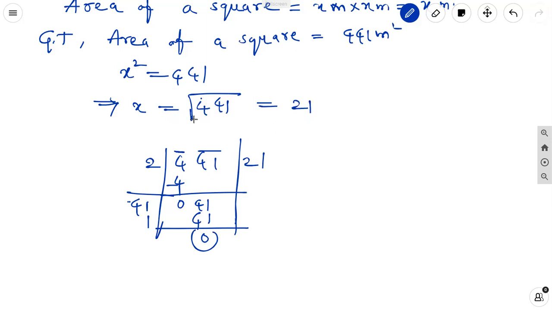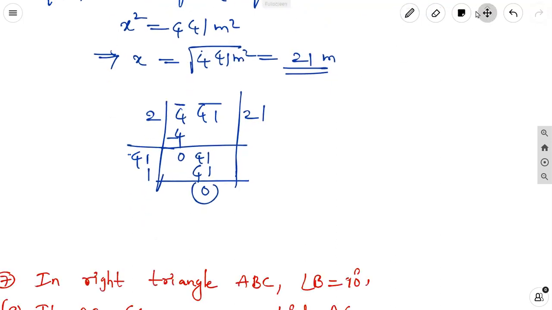Here the square root of 441 equals 21, and since they have given square meters, it means 21 meters. What they are asking is the length of the side of a square.